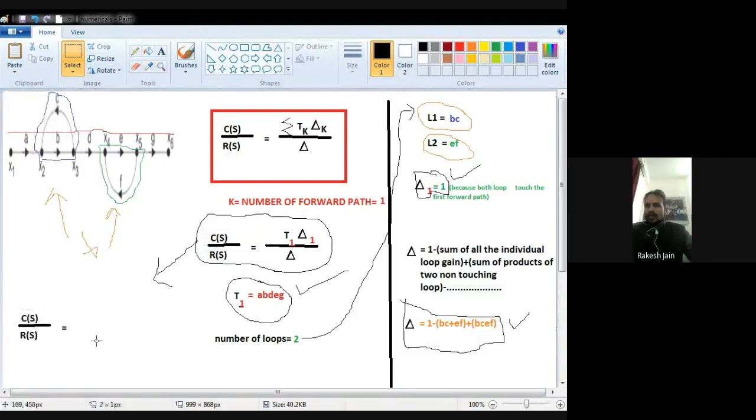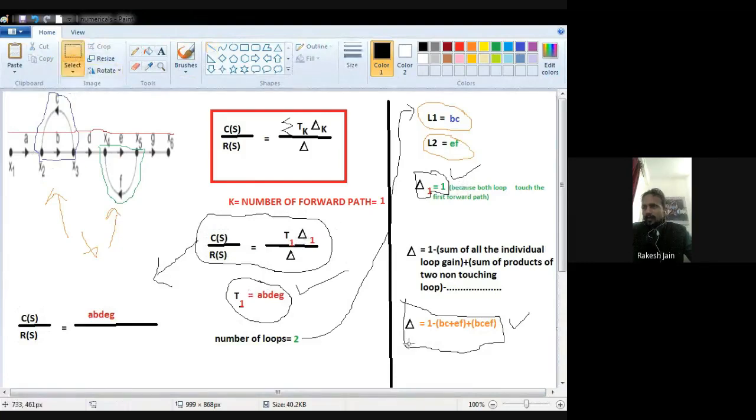So CS upon RS is equal to T1. T1 is ABDEG, divided by, T1 del 1, because del 1 is 1, so there is no need to write it here, upon del.